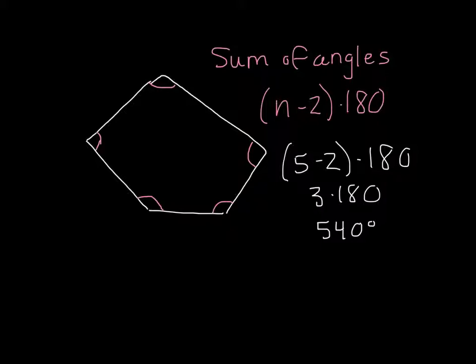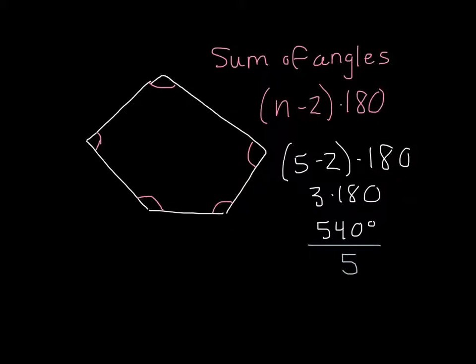That means that each one of them, well, these look like they're bigger than 90 degrees, and if I need to get to 540, well, I've got 5 of them, so they have to be a little bit over 100, but how much? So if I wanted to figure out what one of them is, there's 540 total. It's regular, so each of them is the same, so they're all 1/5 of that.